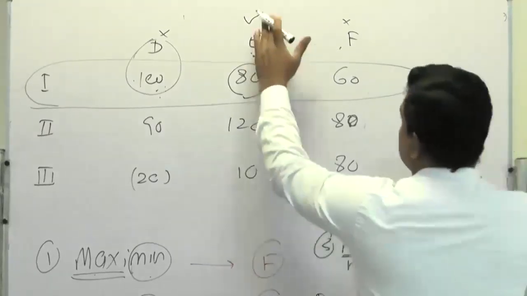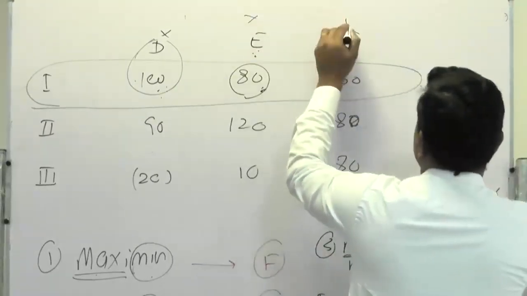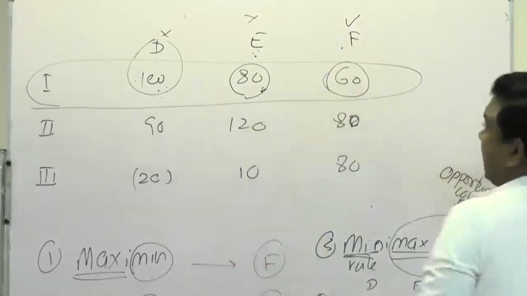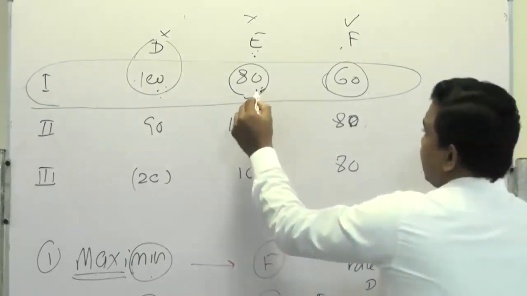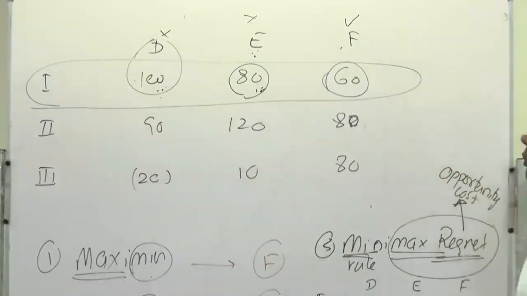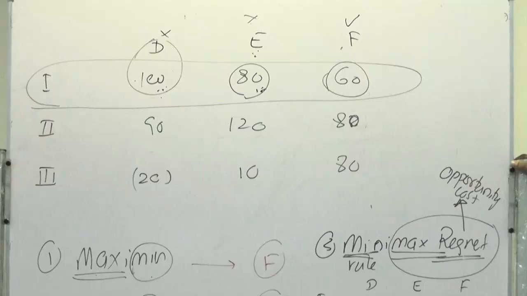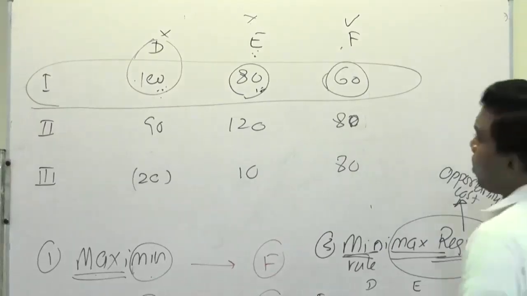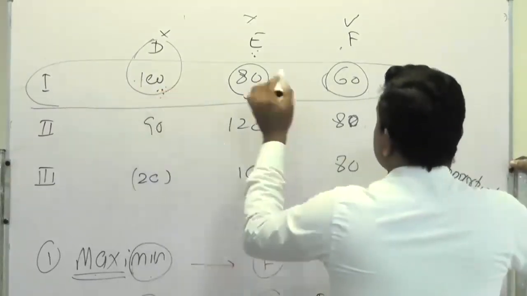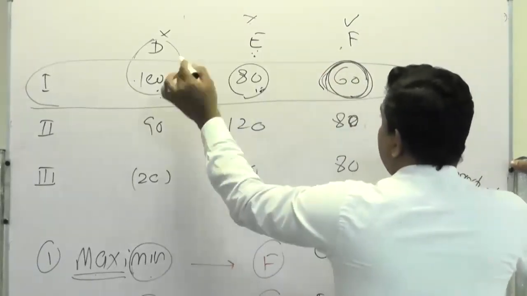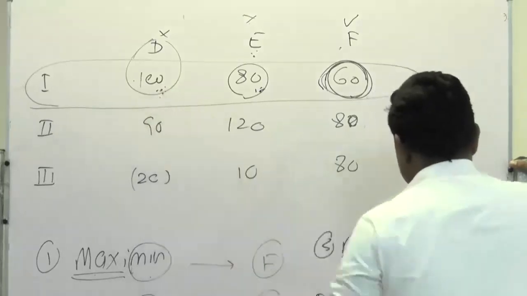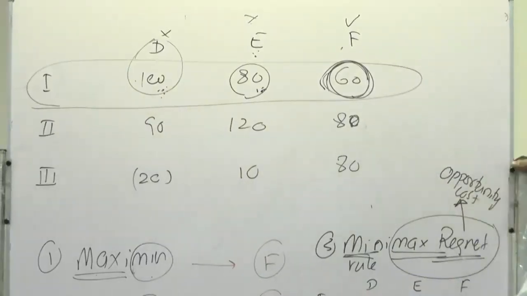But if you select project F instead of D and E, you would have earned 80 or 100. Opportunity cost always considers the highest foregone opportunity, which is 100. Since you have selected F, you earn 60, but the highest opportunity is 100. That means you will lose 40.